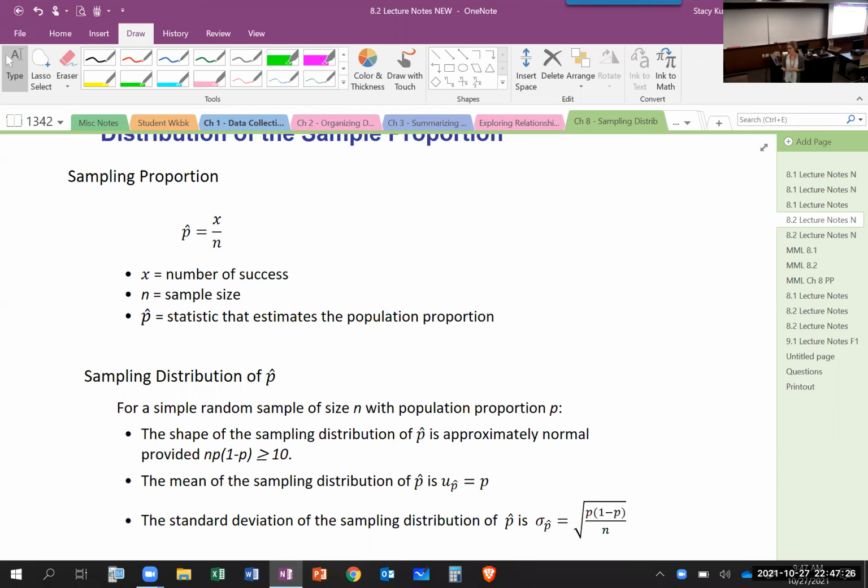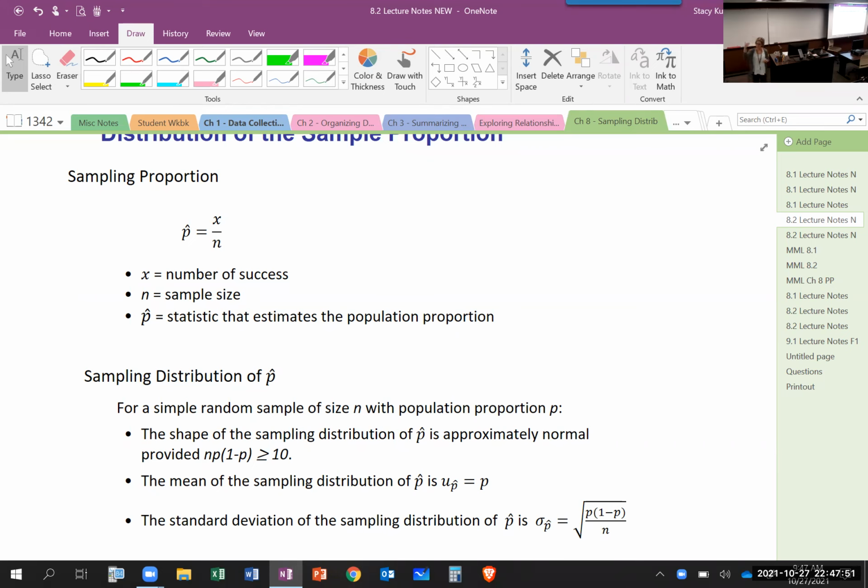So if, for example, my question was about the number of people who had brown eyes, and I surveyed the class here. The number of successes would be the count of you all who have brown eyes out of the entire class.